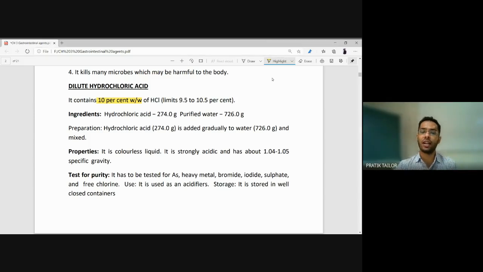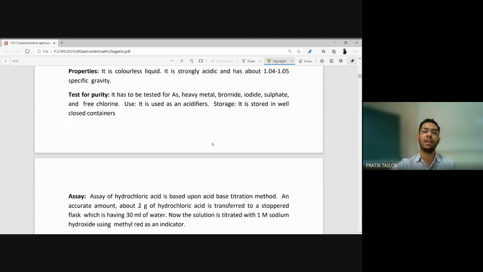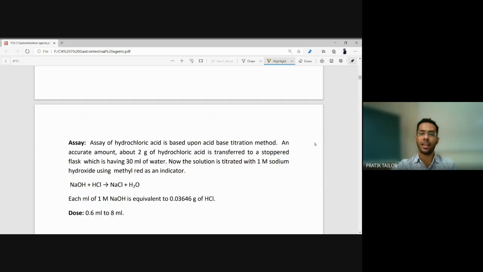It is strongly acidic and has a specific gravity of about 1.04 to 1.05, that is almost 1, or density, you can say. It has to be tested for purity, for certain heavy metals and impurities. Its major use is as an acidifier. If you observe the assay procedure, since it is an acid, obviously you are going to use acid-base titration.